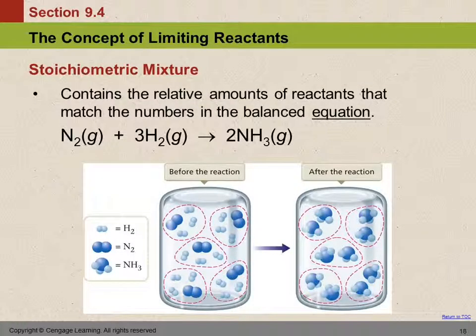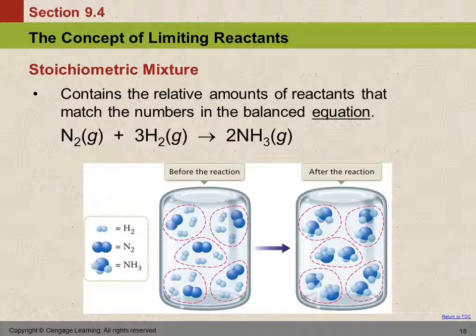So let's look at chemicals. A stoichiometric mixture is one that contains the exact right amounts of each reactant in order to form product. So that's in the kitchen, you've got exactly what you need for your recipe.